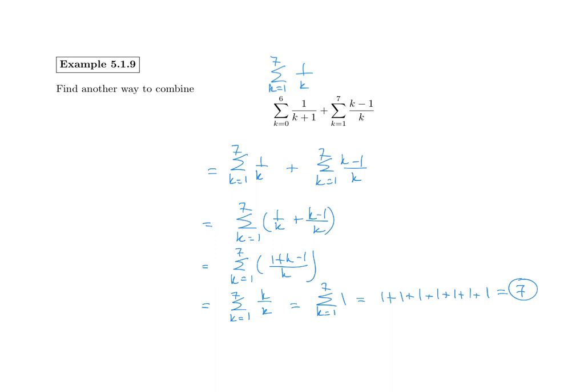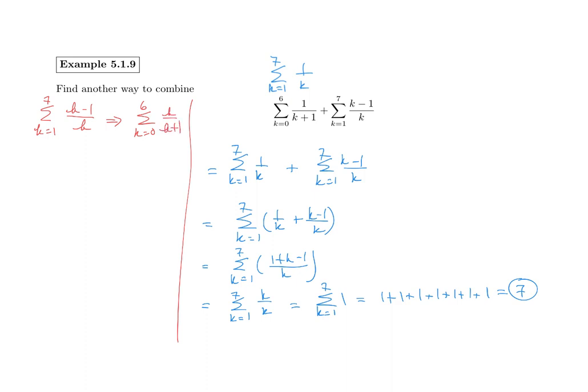And sometimes the question I get asked on this one is, could I have also shifted the 1 to 7 term down to 0 to 6? Absolutely. If we had wanted to shift the sum from k equals 1 to 7 of k minus 1 over k down to 0 to 6, we could have shifted that to k equals 0 to 6 of k over k plus 1.